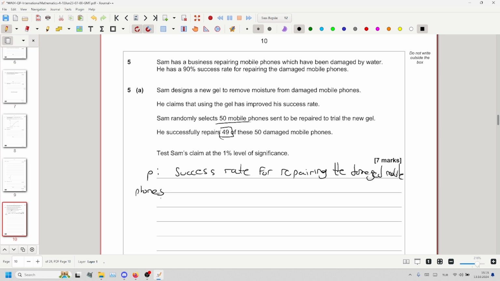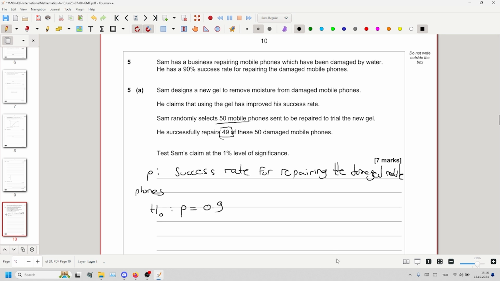Now let us present our null hypothesis. Remember that the null hypothesis is always going to be like the devil's advocate. It always is going to be the one that's suggesting that nothing has changed, and it's going to be pretty much the opposite of this claim. So our H0 is going to be that p is equal to 90%, so 0.9.